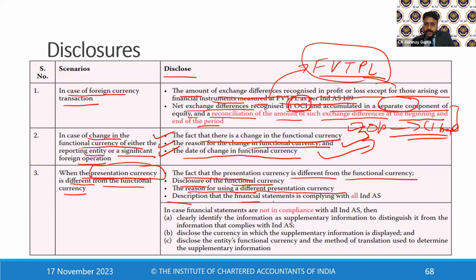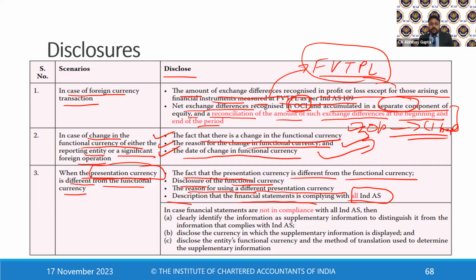Description that the financial statements are complying with all Ind AS. So this explicit and unreserved statement also needs to be given in the financial statements if prepared in presentation currency. So what I will say is, I am preparing these financial statements in dollar, which is a presentation currency, while my functional currency is INR.